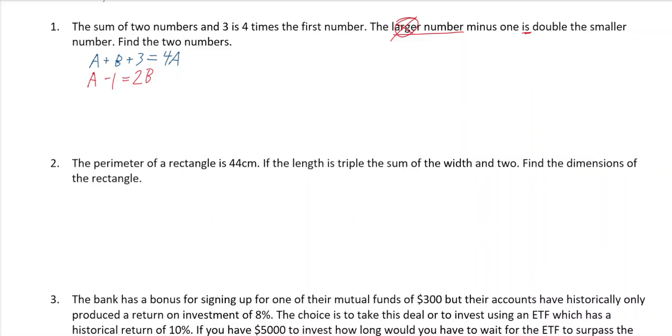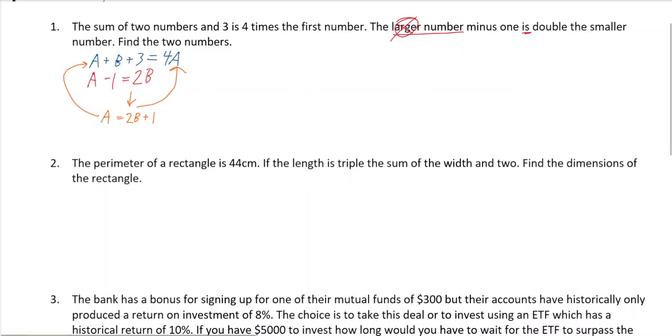So in this red equation, we can solve this for a, first of all. If we add 1 to both sides, we get a equals 2b plus 1. Now that we have that, we can substitute it in for a over here and for a over here.